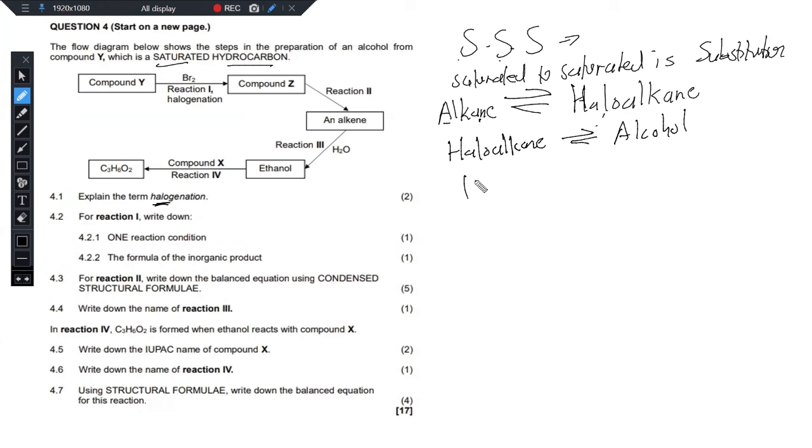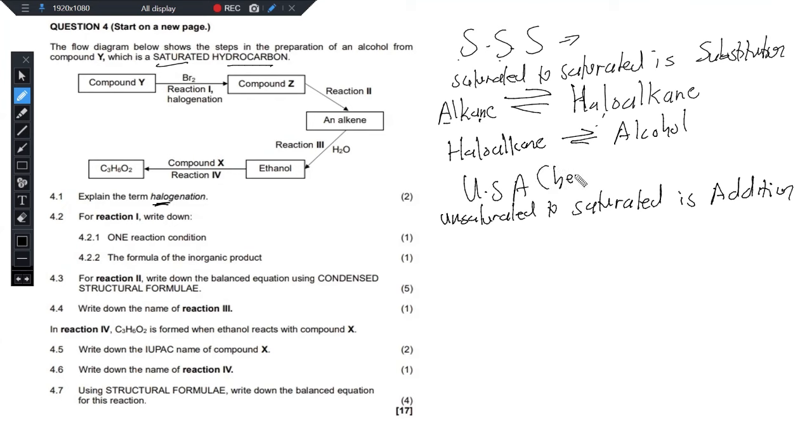But then we have USA, which means unsaturated to saturated, which is an addition reaction. We normally say this is a reaction whereby we are breaking double bonds.